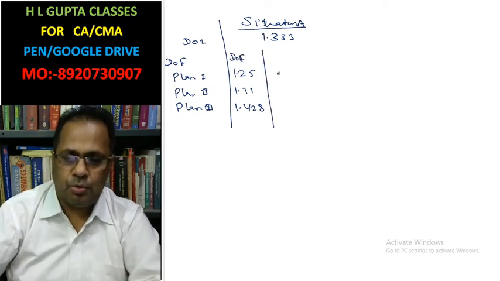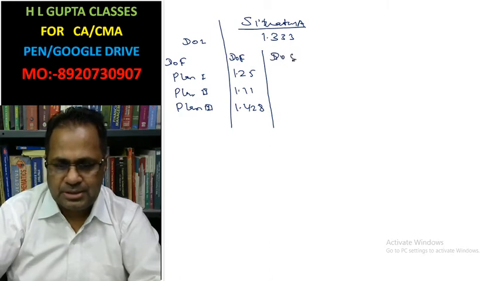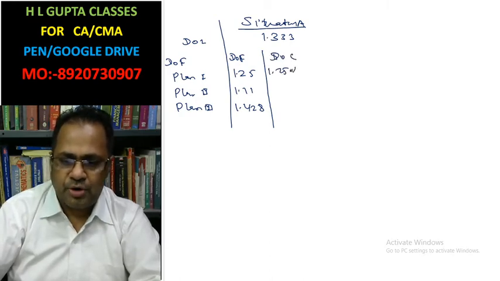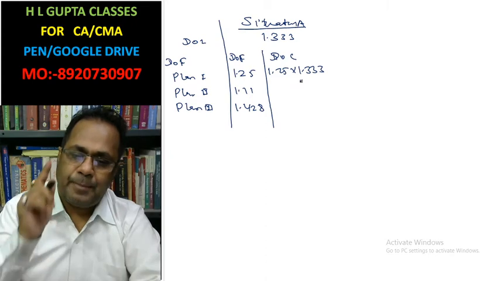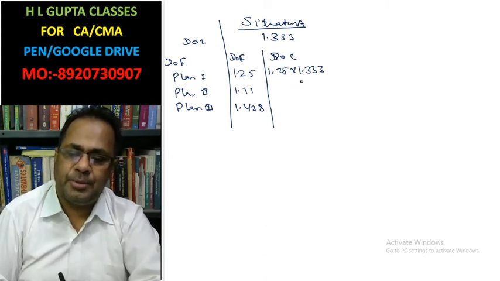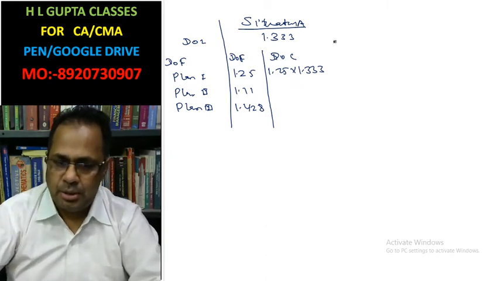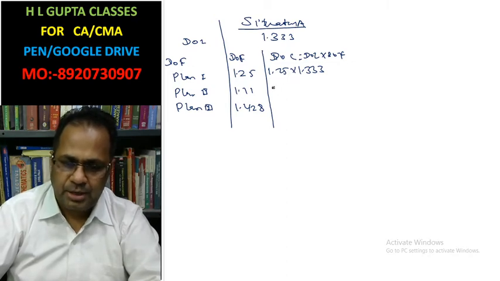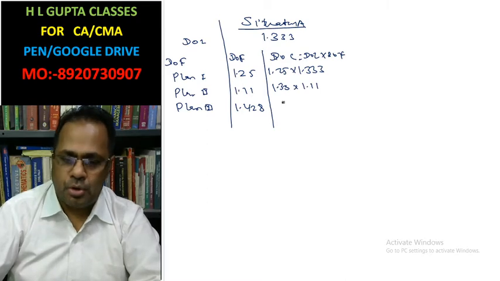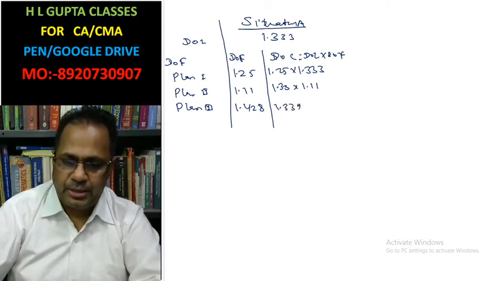Now what will be the degree of combined leverage in this case? 1.25 into 1.33. Why? Because degree of combined leverage is equal to degree of operating leverage into degree of financial leverage. In plan second, 1.33 into 1.11, and 1.33 into 1.428.